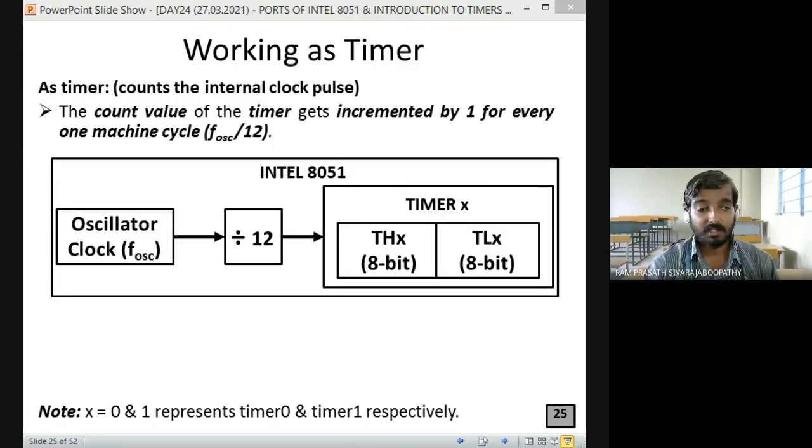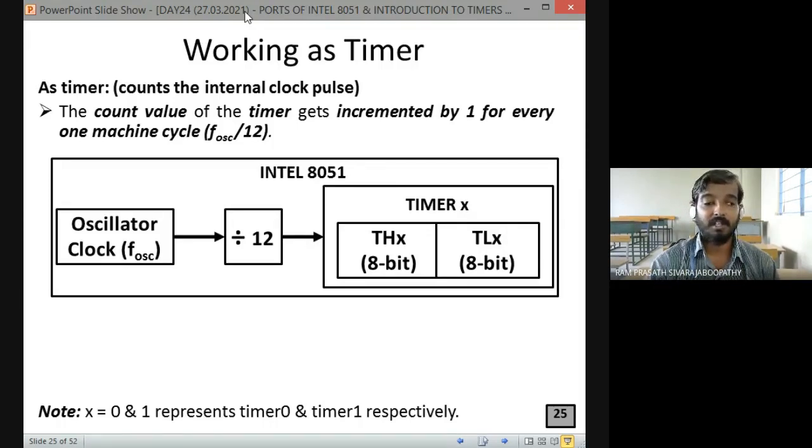T equal to 12 by FOSC. நம்ம ஆல்ரெடி என்ன சொன்னோம்? 12 MHz ன்னு சொன்னோம். So 12 divided by 12 MHz. 12 by 12 is equal to 1. Correct? 1 by mega equals micro. 1 micro. What it means? The minimum timing which can be generated by your 8051, என்ன அப்படின்னு பார்த்தோம்னா 1 microsecond.